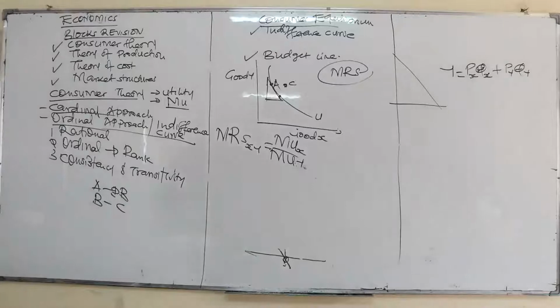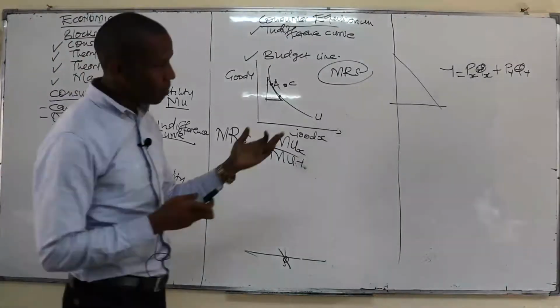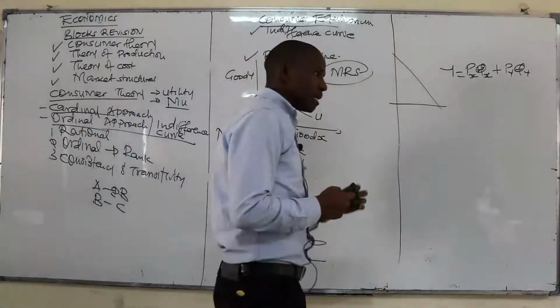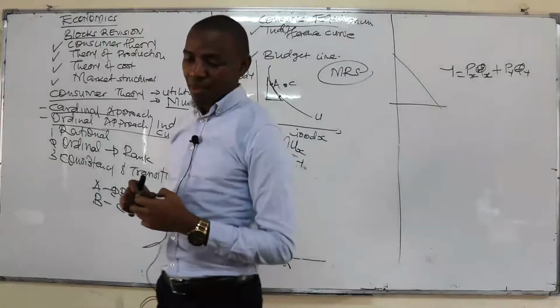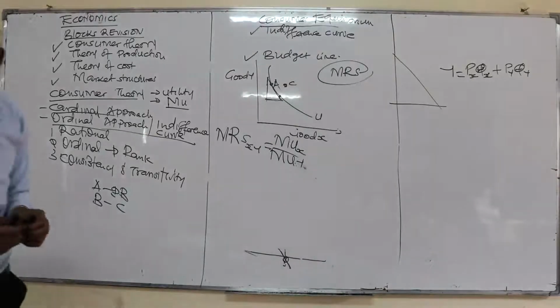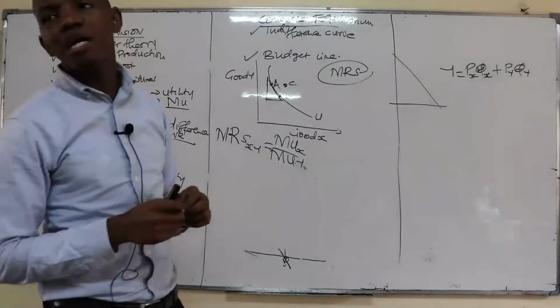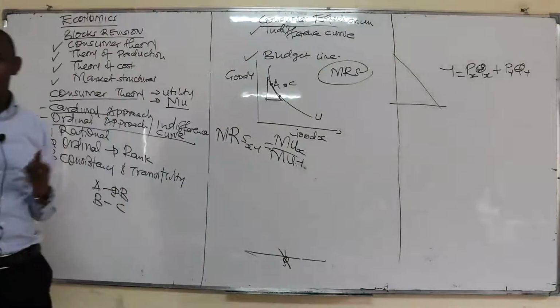So in this case, we can also talk about the consumer equilibrium at the budget line. Now, for the consumer equilibrium at the budget line, there must be conditions. There are two conditions that must be fulfilled by the consumer for him to be at equilibrium.